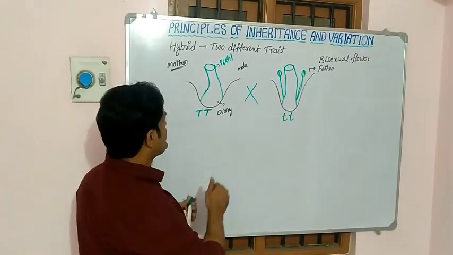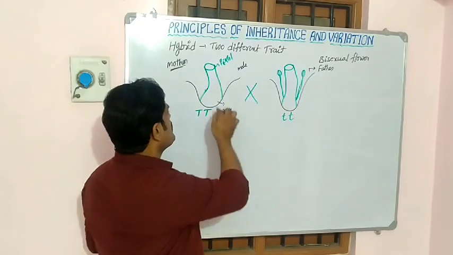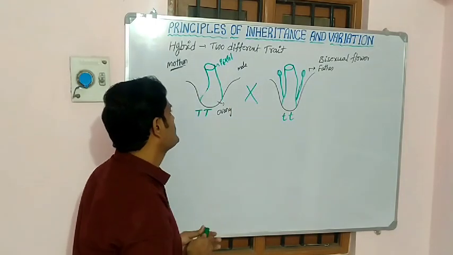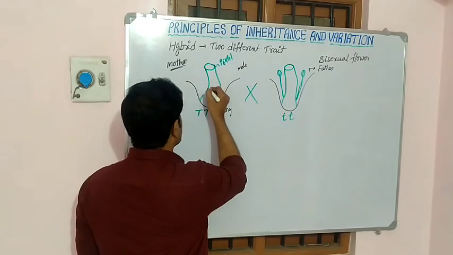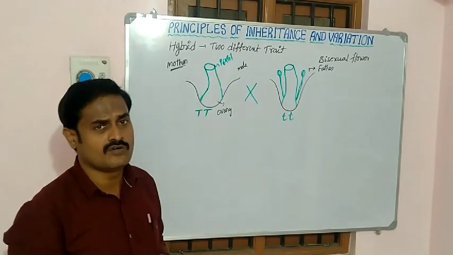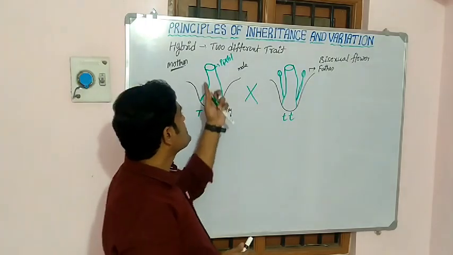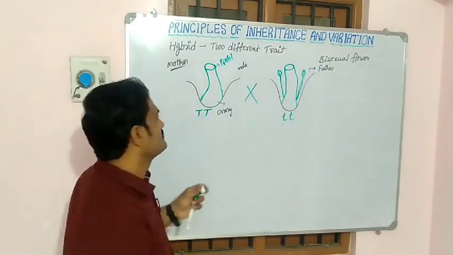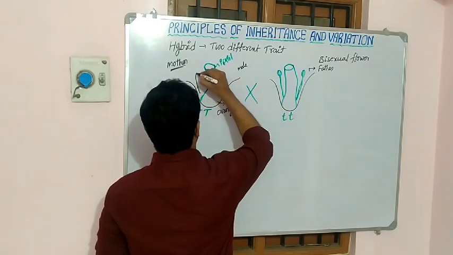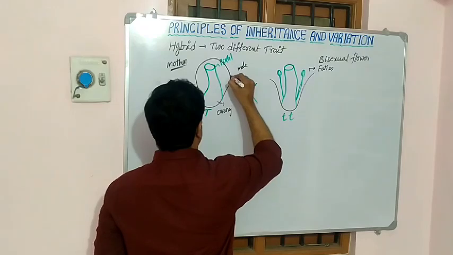Before crossing, before maturation of the pistil or ovary, Mendel bagged this ovary part. Bagging means covering with the help of a cover. He covered it with a polythene cover like that.